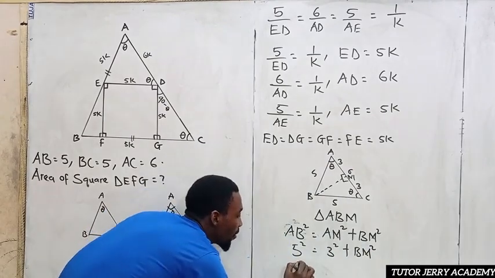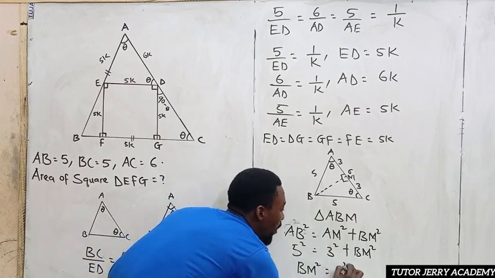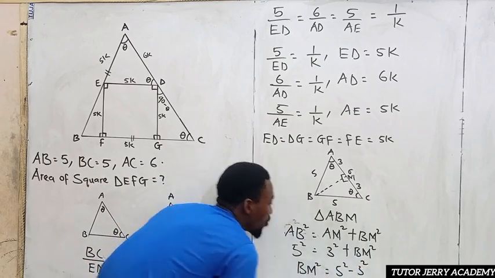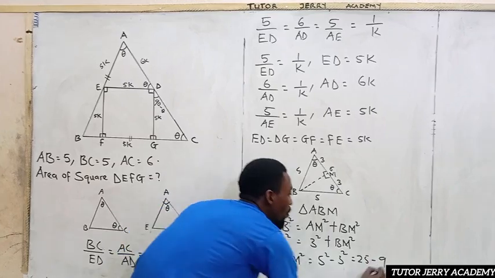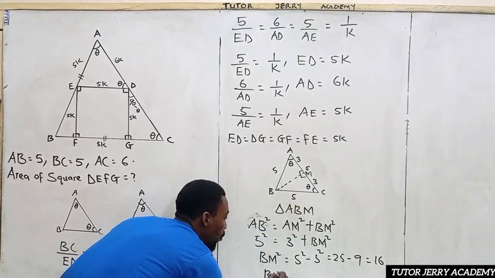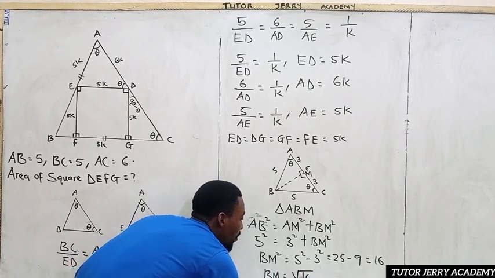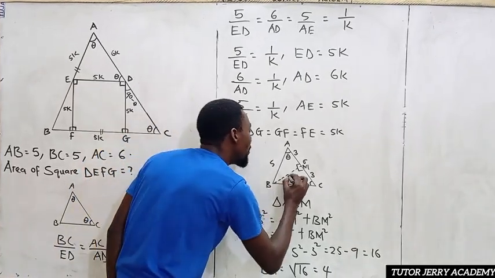So if I make BM square the subject, this is going to be 5 square minus 3 square, which is 25 minus 9. So this is going to be 16. So BM will be equal to the square root of 16, which is 4. So my BM is going to be 4.